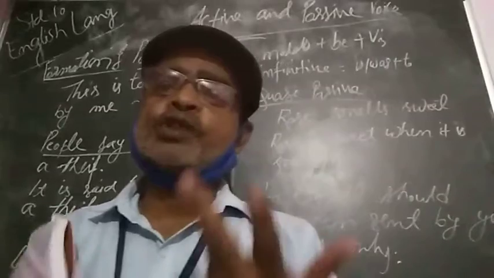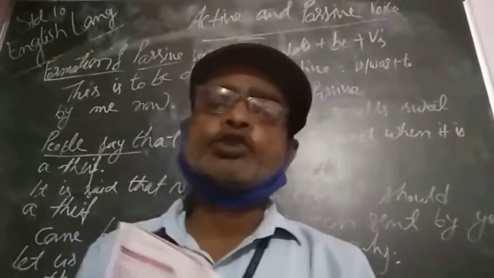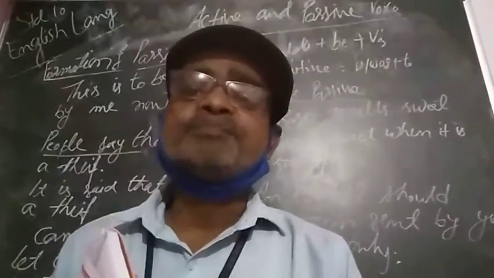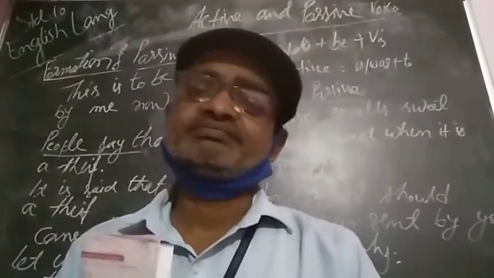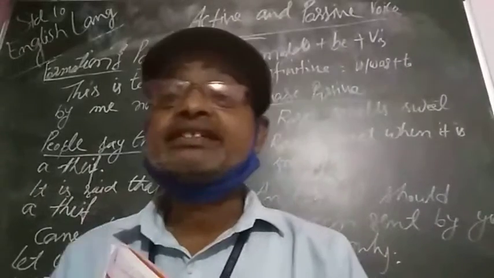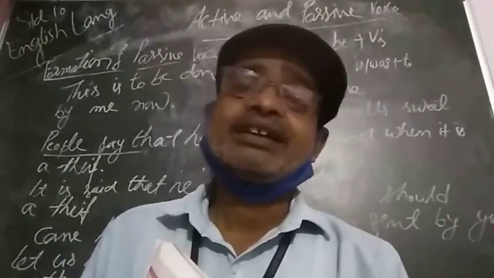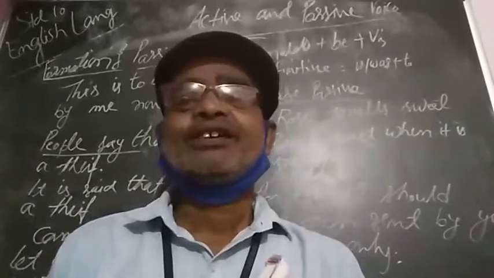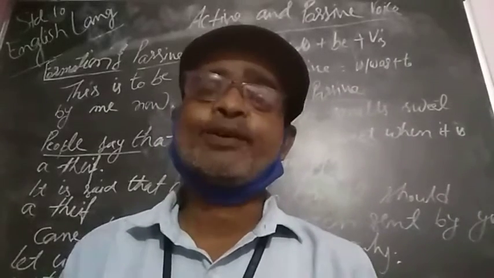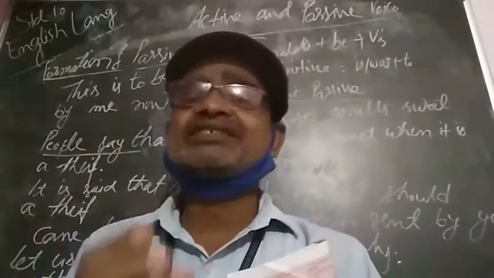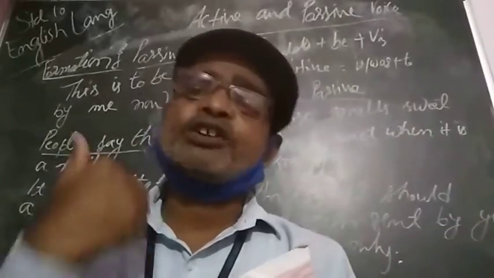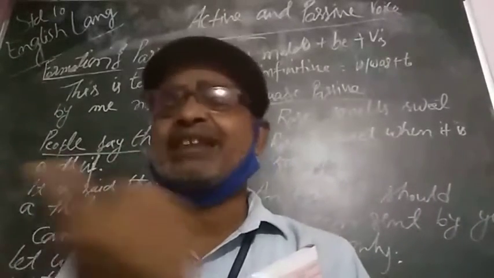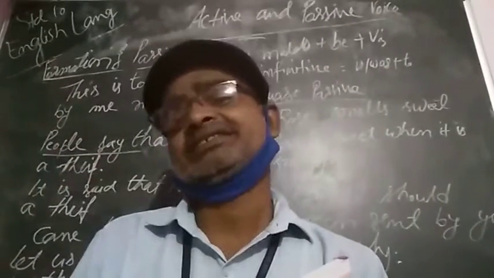First of all, you know very well, in order to make passive, verb must be positive. Verb must be transitive one. Okay? And what is transitive one? The verb has object. If the verb has more than one object, then any of the objects can be taken at the beginning of the sentence.